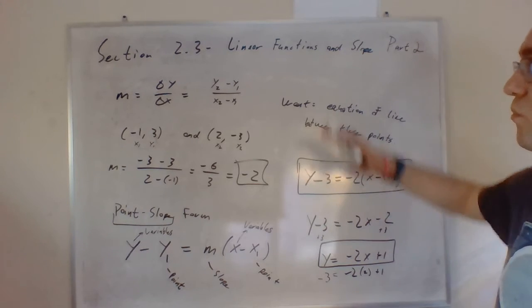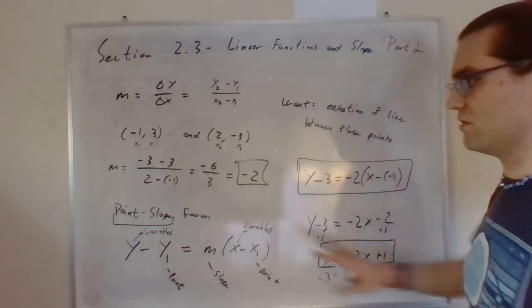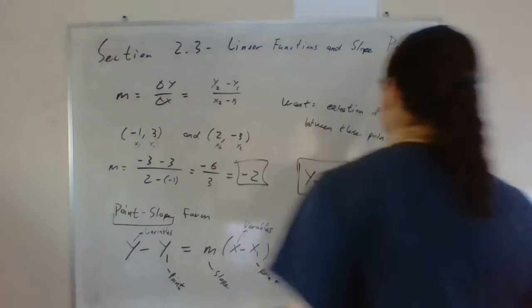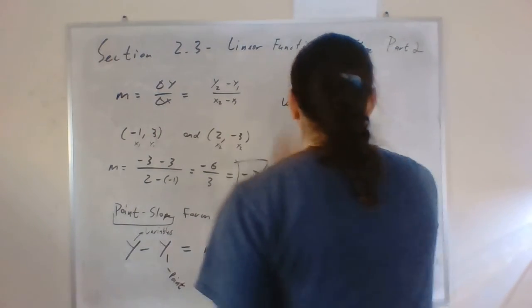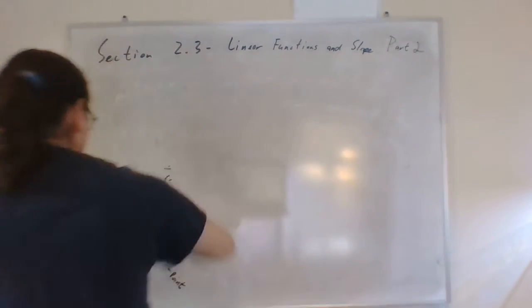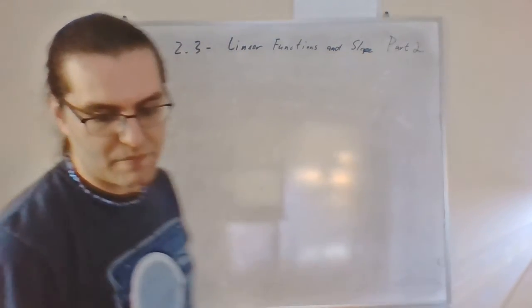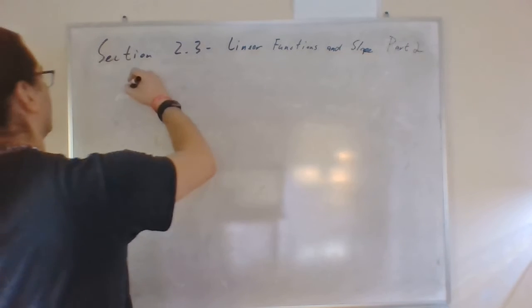I'm going to do one more of these, start to finish, with less pontificating along the way. I don't have another example prepared, so I'm just going to make up numbers for this one.